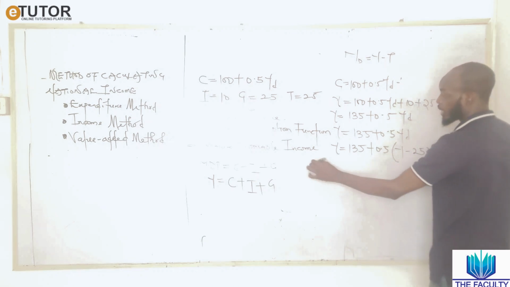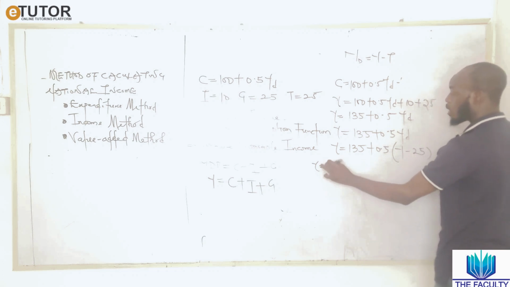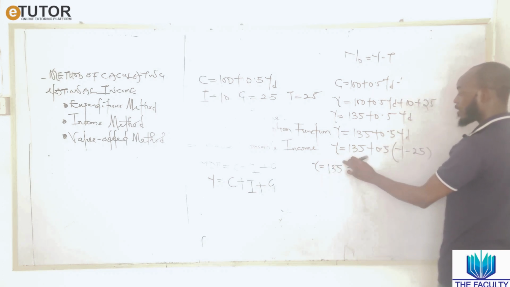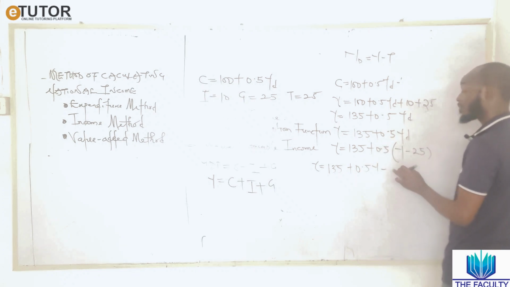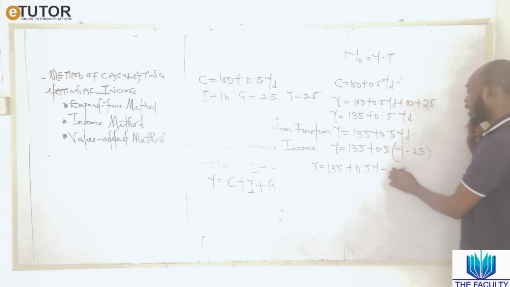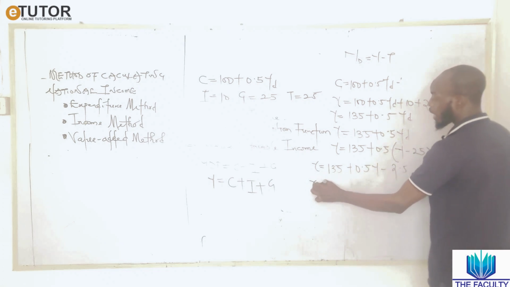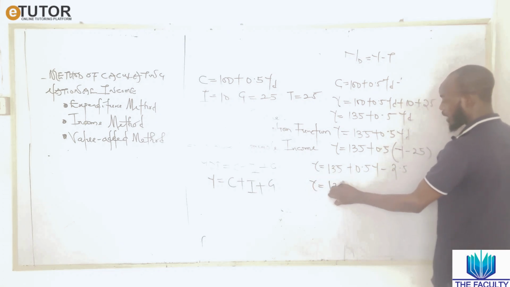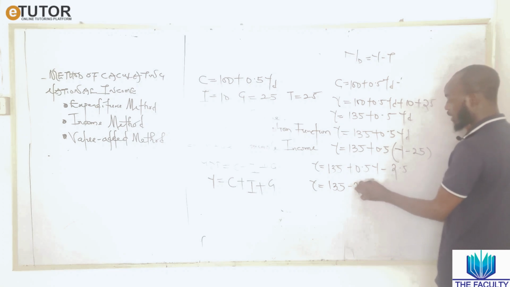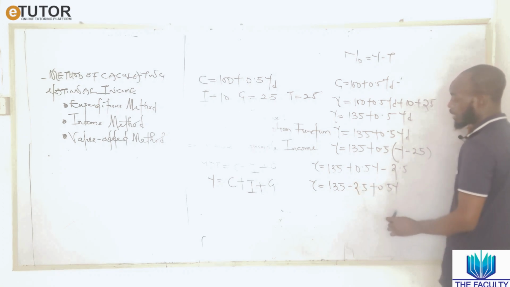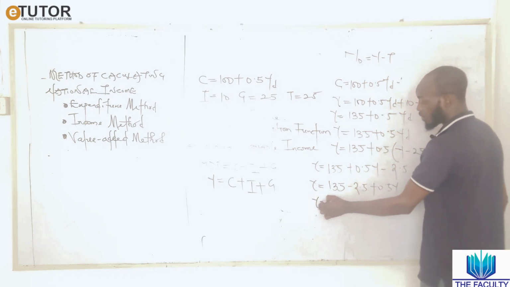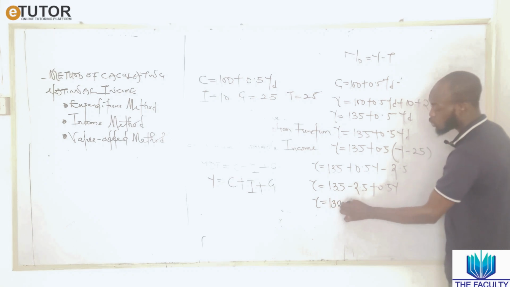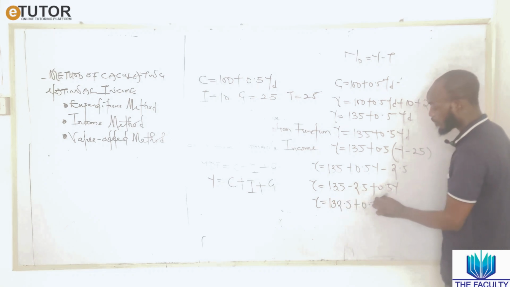Now let's continue. Y is equal to 135 plus 0.5 times (Y minus 25). Now multiply 0.5 by 25, which gives us 12.5? Here it gives us 2.5 as stated, so Y is equal to 135 minus 2.5 plus 0.5Y. 135 minus 2.5 leaves us with 132.5, plus 0.5Y.